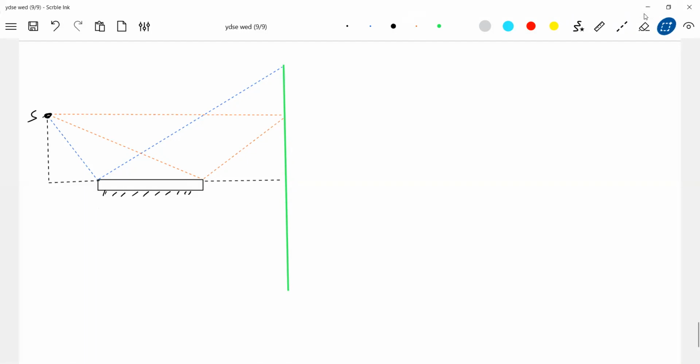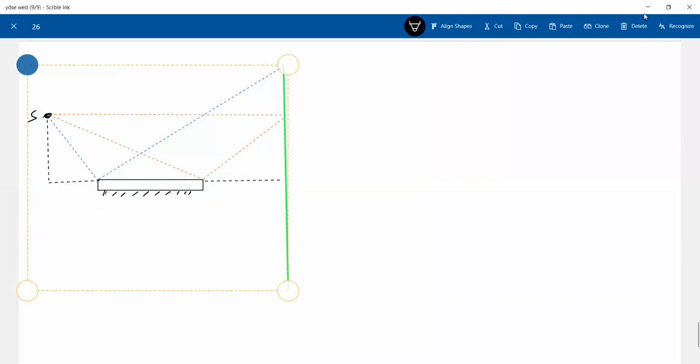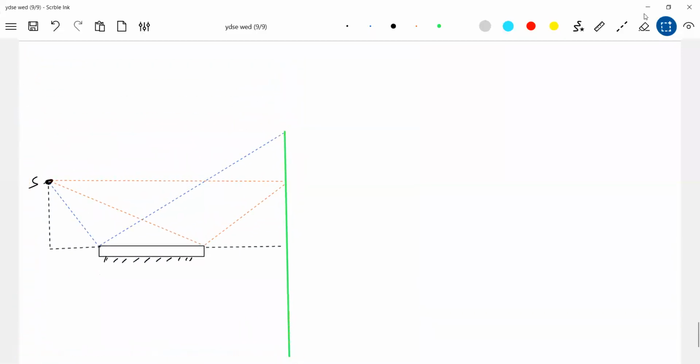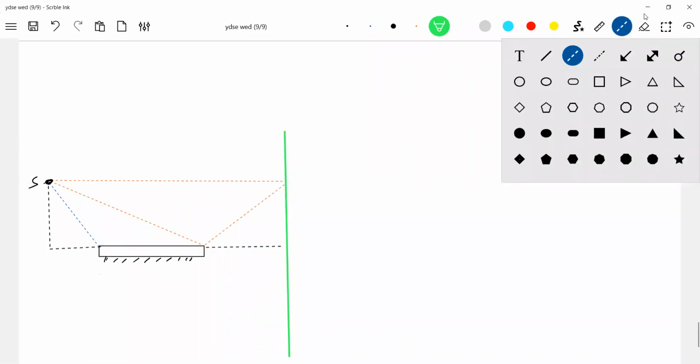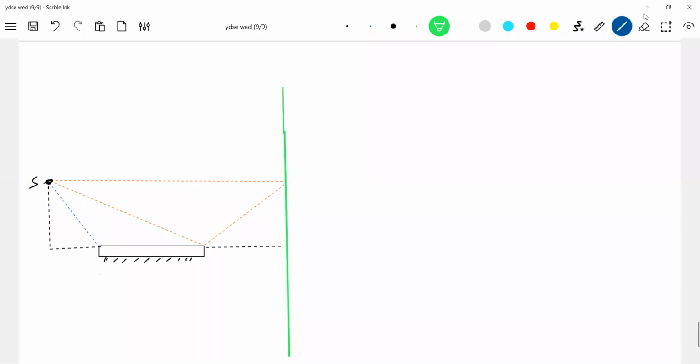And I'll adjust the diagram. This is screen. Okay, let's come for now. See that they are not parallel. These two rays are not parallel. There's only one condition which you have to follow.